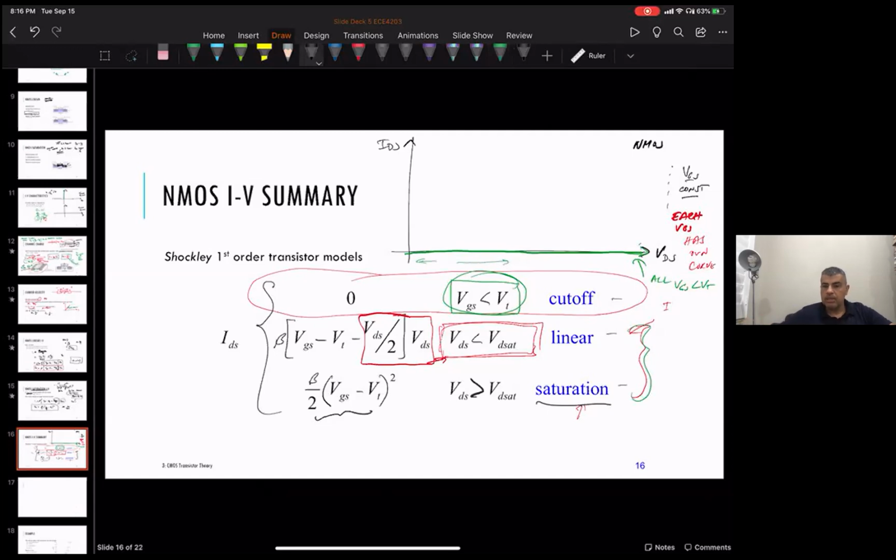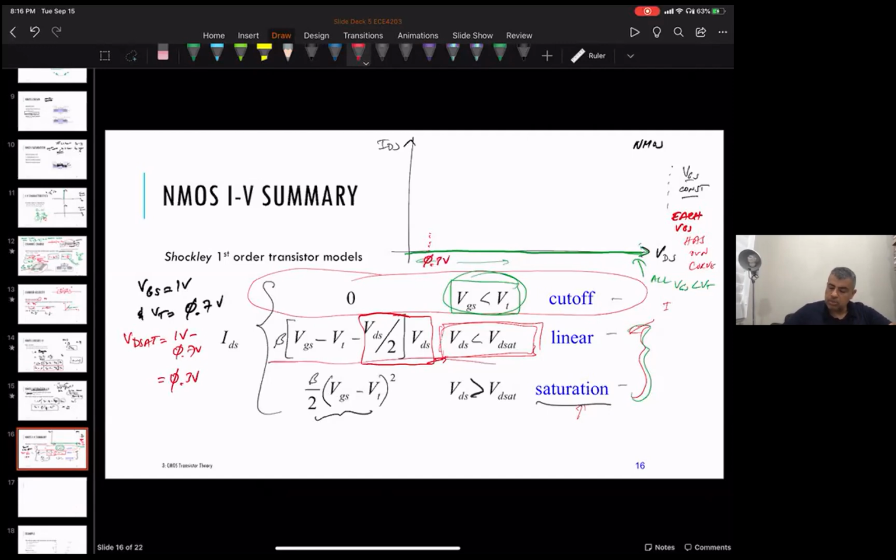Let's say VGS is relatively low, like 1 volt, and VT is equal to 0.7 volts, just to draw something. So VDSAT is 1 volt minus 0.7 volts, which is 0.3 volts. So anything less than 0.3 volts is linear.